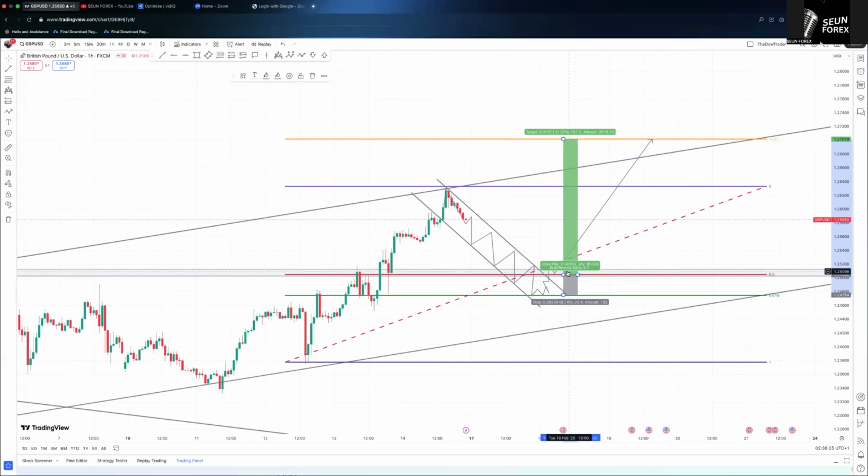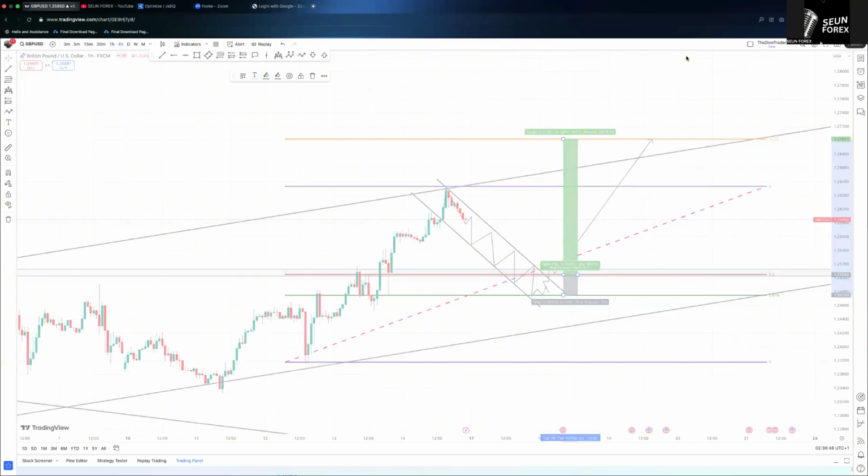That is 1:6, and that is a good analysis. That is a good A setup. 1:6. You use $30 to make an average of $190, which is almost 1:7. So that is what I have for you guys on GBP USD.